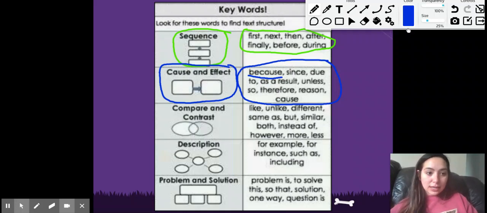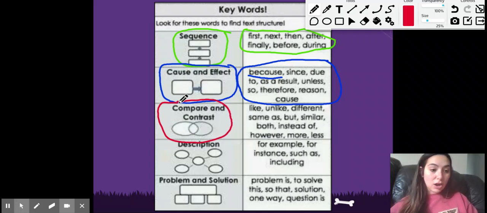The next one is compare and contrast. Whoops, I accidentally wrote on that other one. Compare and contrast. So compare and contrast is when you tell how two or more things are alike and how they're different. So if the author is comparing and contrasting, they might be telling you why they like chocolate ice cream more than vanilla ice cream.